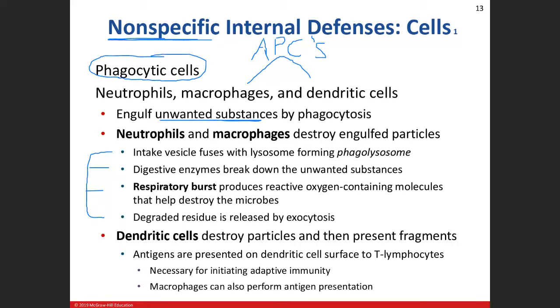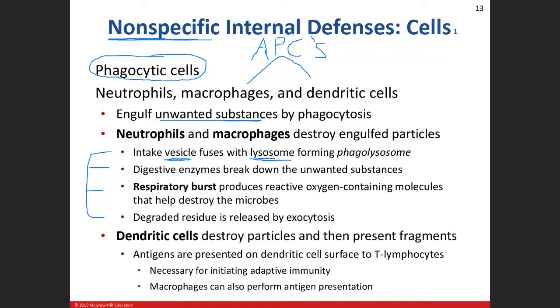So now it has the vesicle inside the cell, and then it's going to combine it with a lysosome. Lysosomes are these membrane-bound organelles inside the cells. Remember, they have digestive enzymes. We talked about the important role of the lysosome in the formation of thyroid hormone. Remember, thyroglobulin and iodine, how we need a lysosome to cleave off parts of the molecule so we can get our T3 and T4.